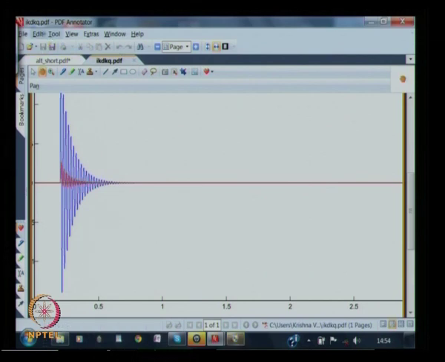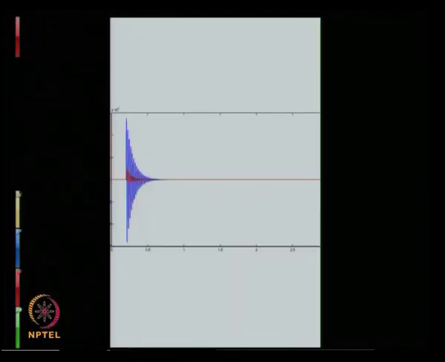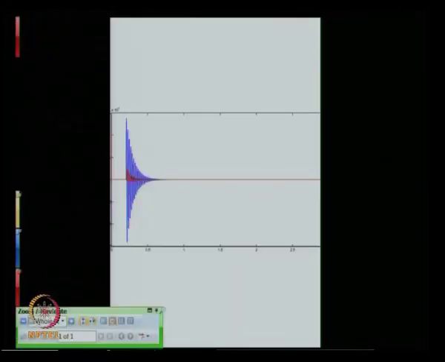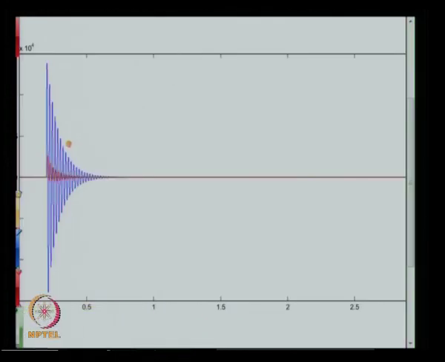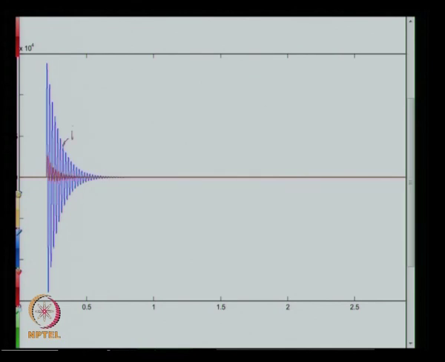Here we have a plot of ikd and ikq. This blue graph represents ikq and the red graph represents ikd.